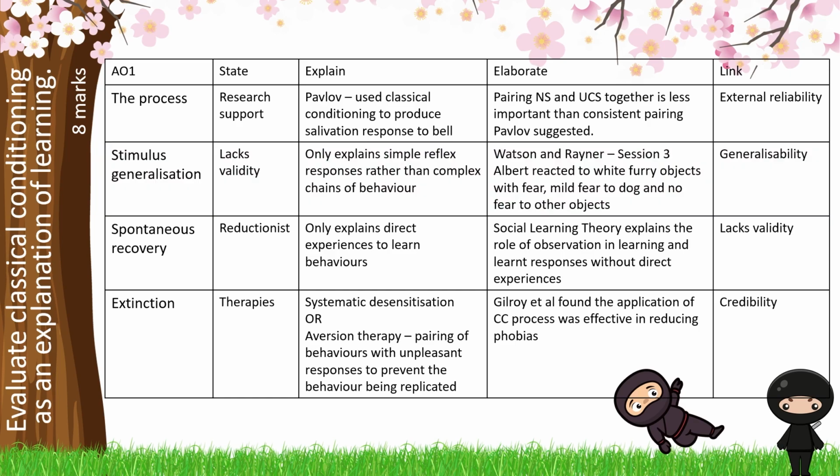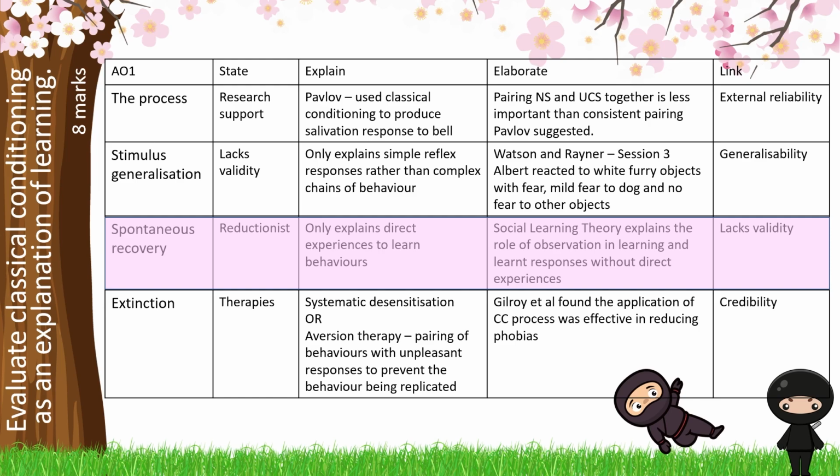You then move on to spontaneous recovery, suggesting here that the explanation is reductionist, that it's too simplistic for a slightly different reason here, in that it only explains direct experiences for learned behaviours, that we have to have individually a traumatic experience with something that we fear in order to explain behaviour.